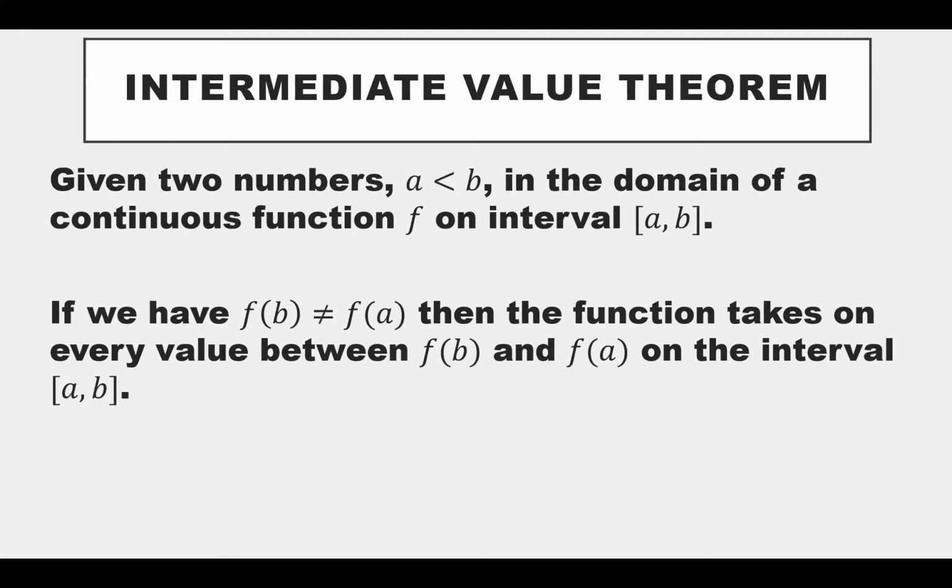It says, given two numbers a and b in the domain of a continuous function on a closed interval from a to b, if we have that these two values are not the same, if we have different y output values, then the function takes on every value between f of b and f of a on the interval from a to b. And in particular, if one of our outputs is positive and one of our outputs is negative, then we know we're going to cross the x-axis somewhere between a and b.